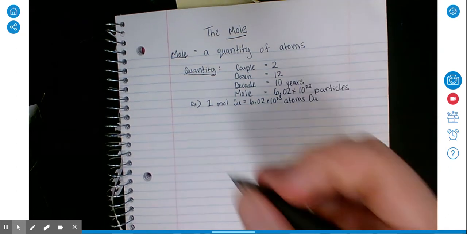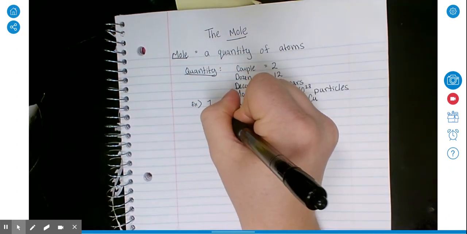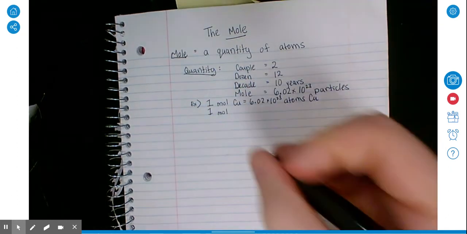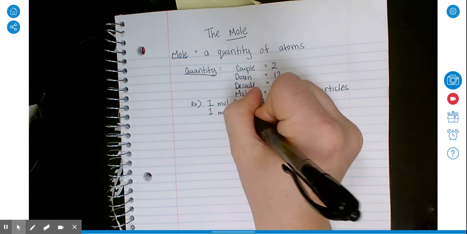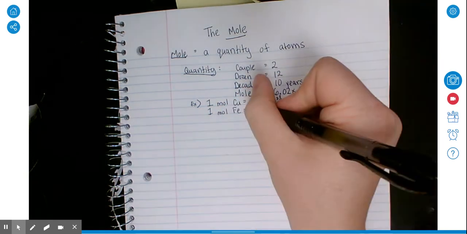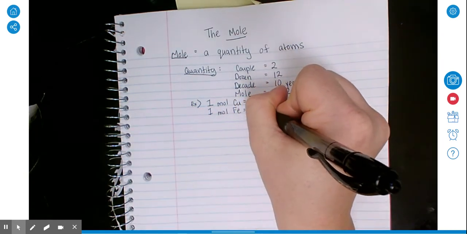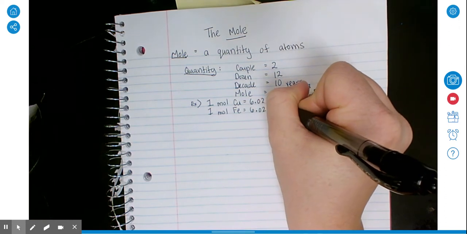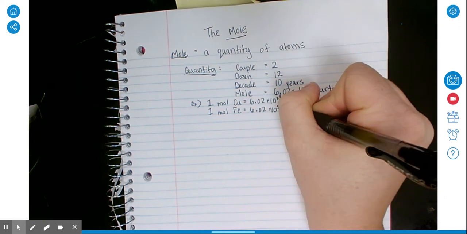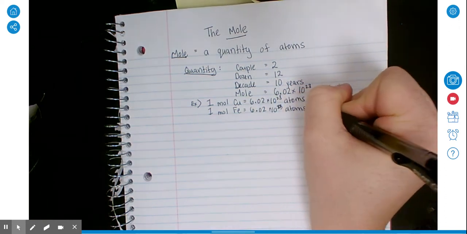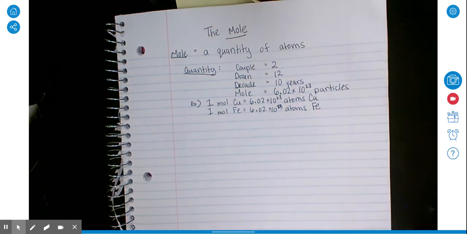If I had 1 mole of iron in my hand, I would have 6.02 times 10 to the 23rd atoms of iron.